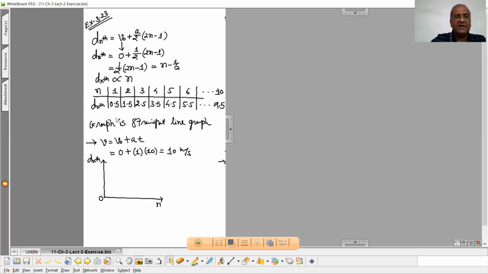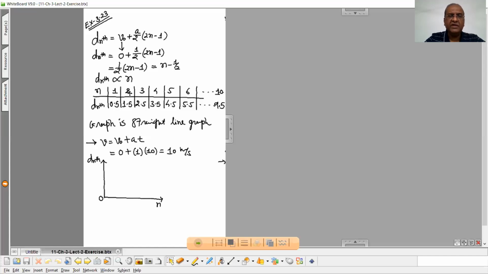Now to plot the graph, take different seconds, first, second, third, fourth, fifth, and substitute the values of nth second in this equation, n minus 1 by 2, and take d nth. So when you substitute n equal to 1, d nth is 0.5.